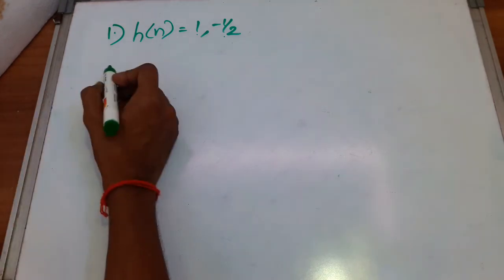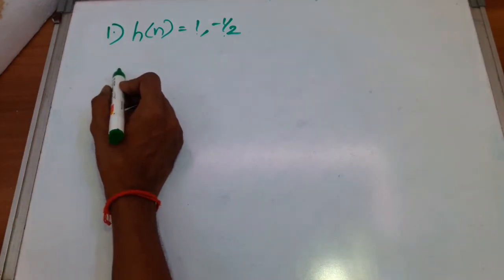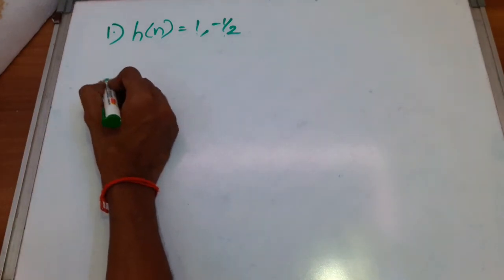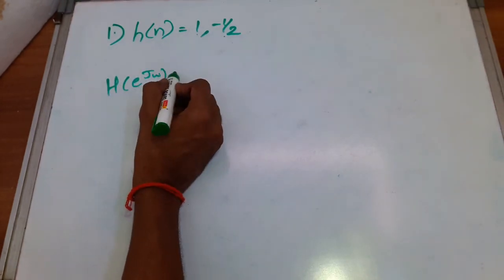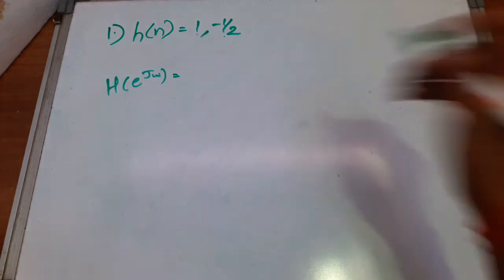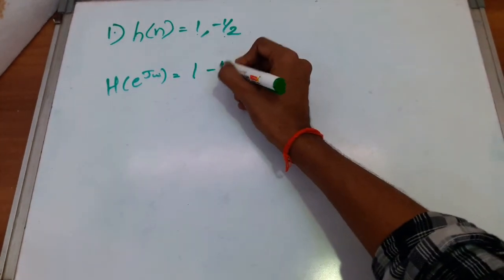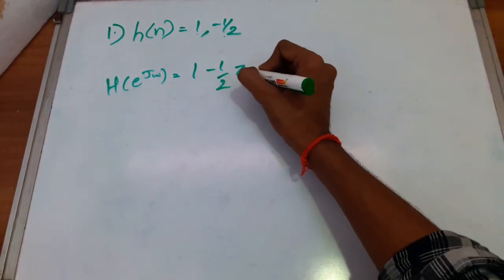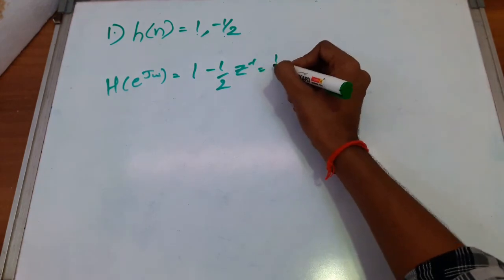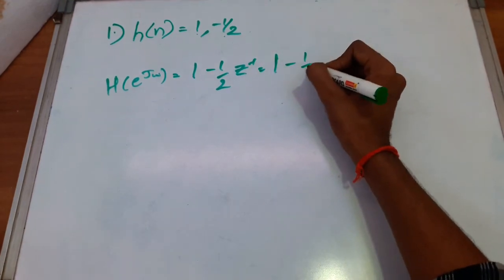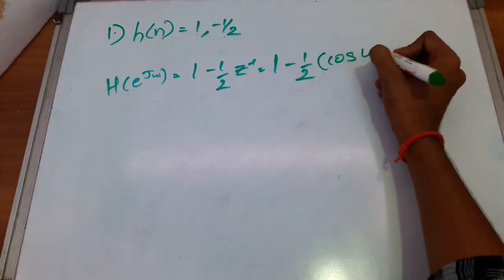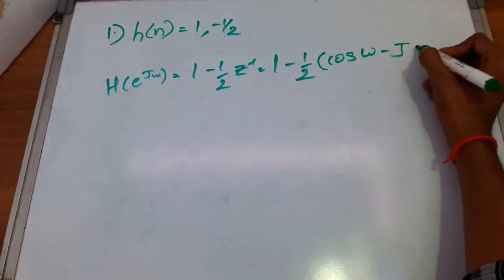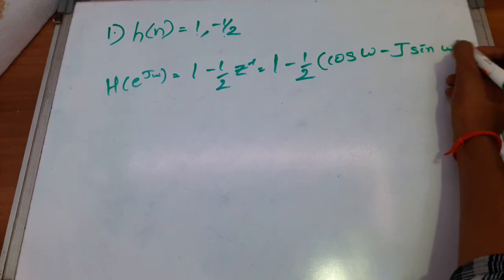Now the magnitude response and the identification of the filter. We have H of e raised to j omega equals 1 minus half z inverse, which will be 1 minus 1 by 2 into cos omega minus j sin omega.